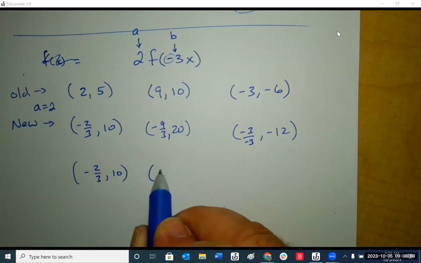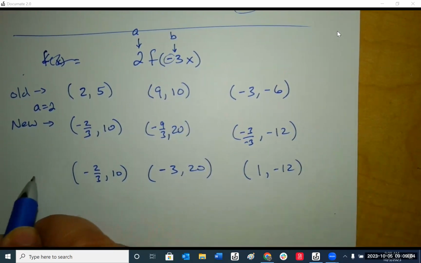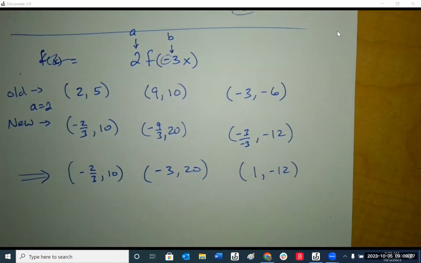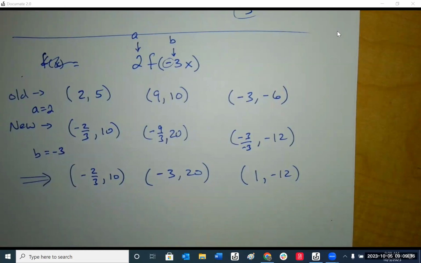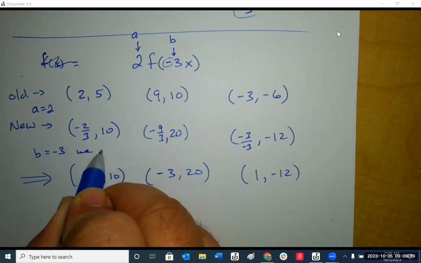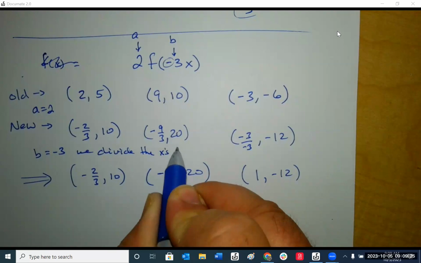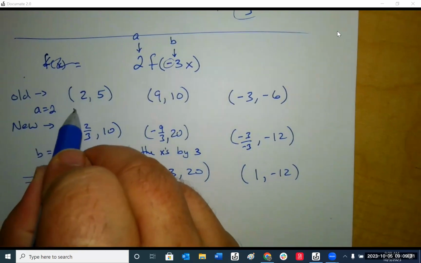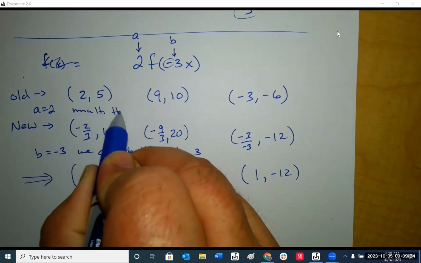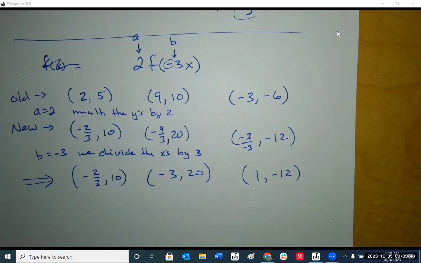So our new points are these. Because B is equal to negative 3, we divide the x's by 3. Multiply the y's by 2.